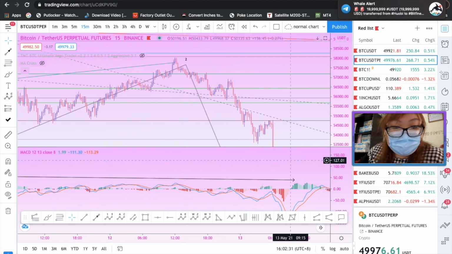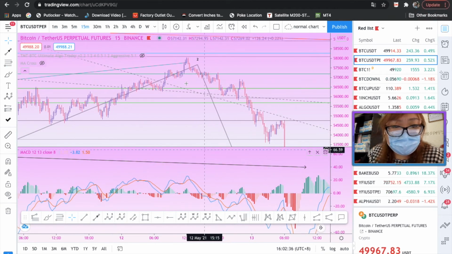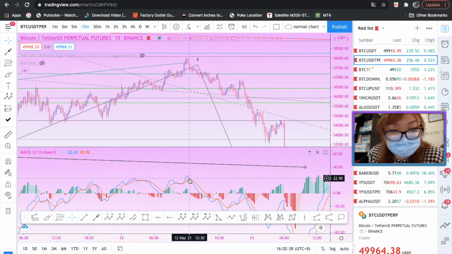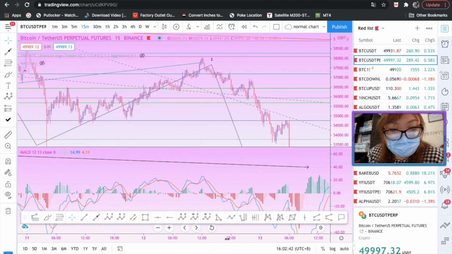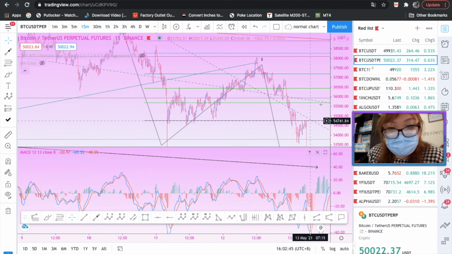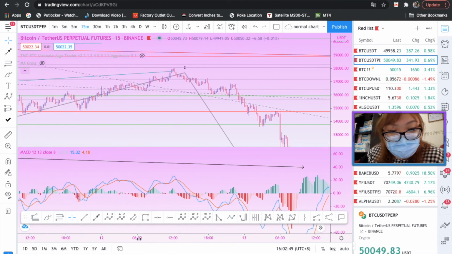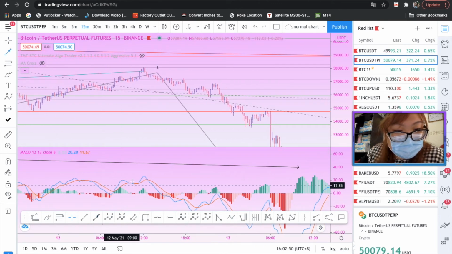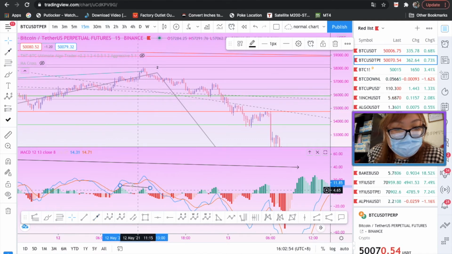Now take a look at the MACD on the 15 minutes time frame as well. As you can see, although it doesn't show here, from here it did have a bear divergence.